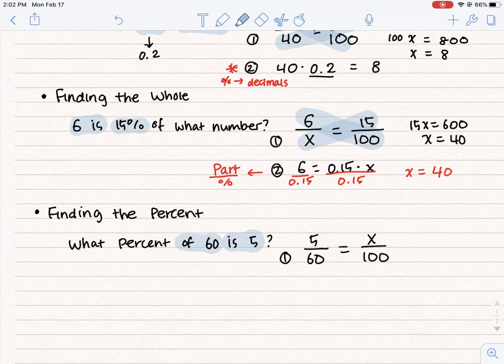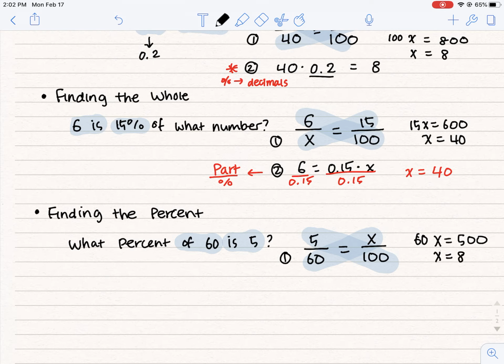So if you want to use this way though, you're going to do cross multiplication. 60 times x equals 500, and then you divide 500 by 60 on both sides, and it's going to give you a repeating decimal.